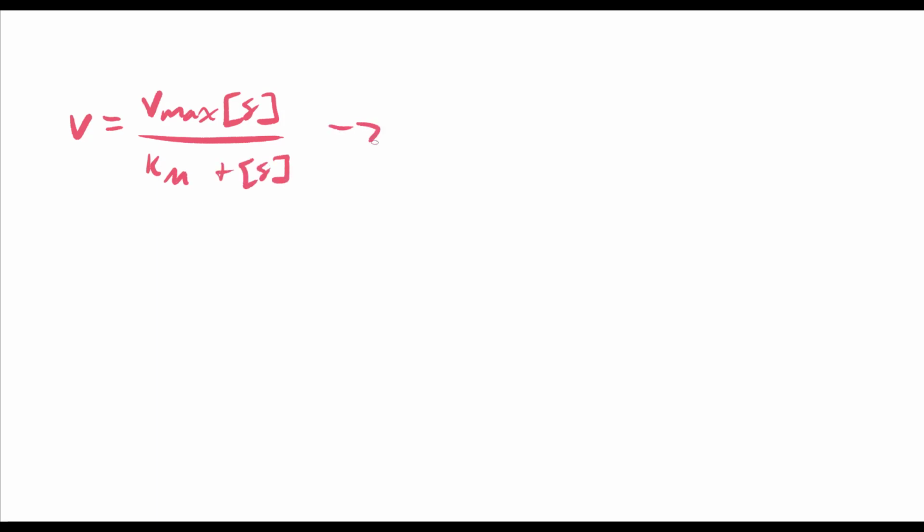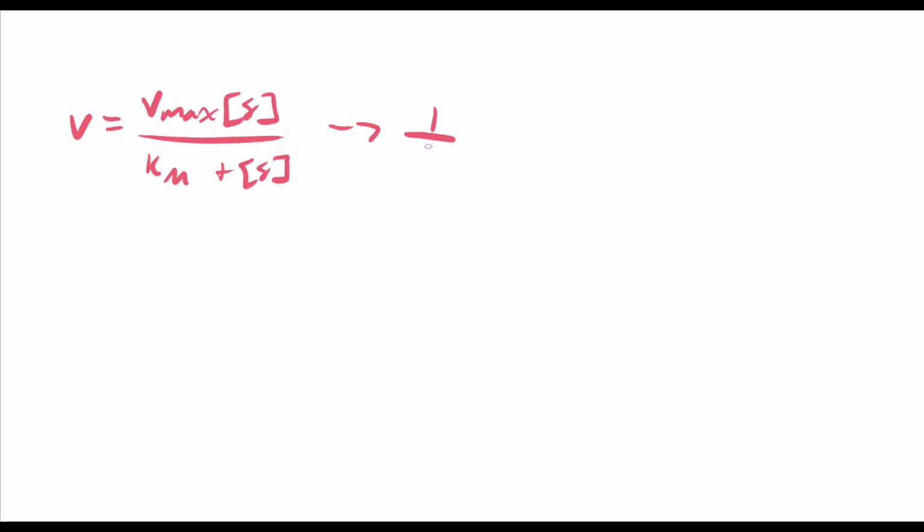And so they looked at the equation. They looked at the Michaelis-Menten equation, and they saw this: Vmax multiplied by the substrate over the Km plus the concentration of substrate, and all they did was take the reciprocal. So they just turned everything upside down.